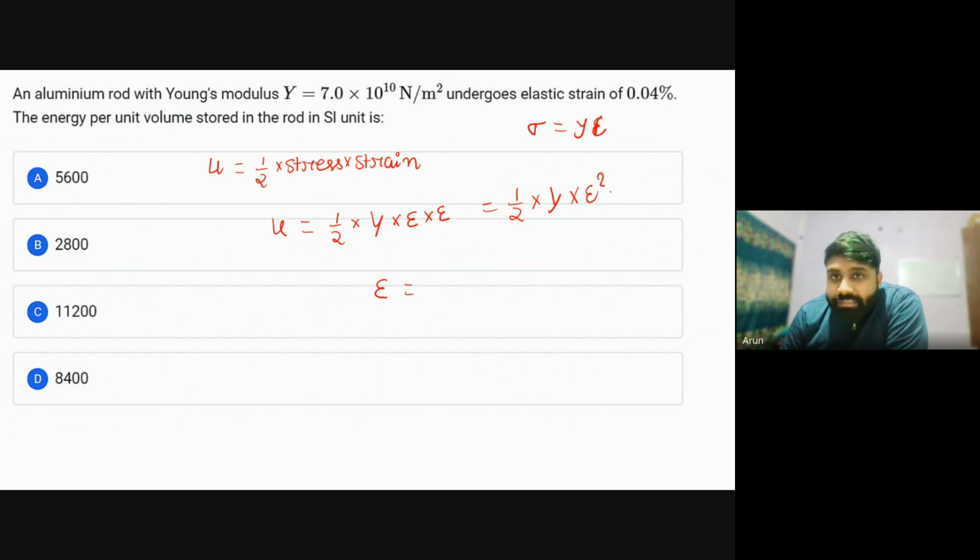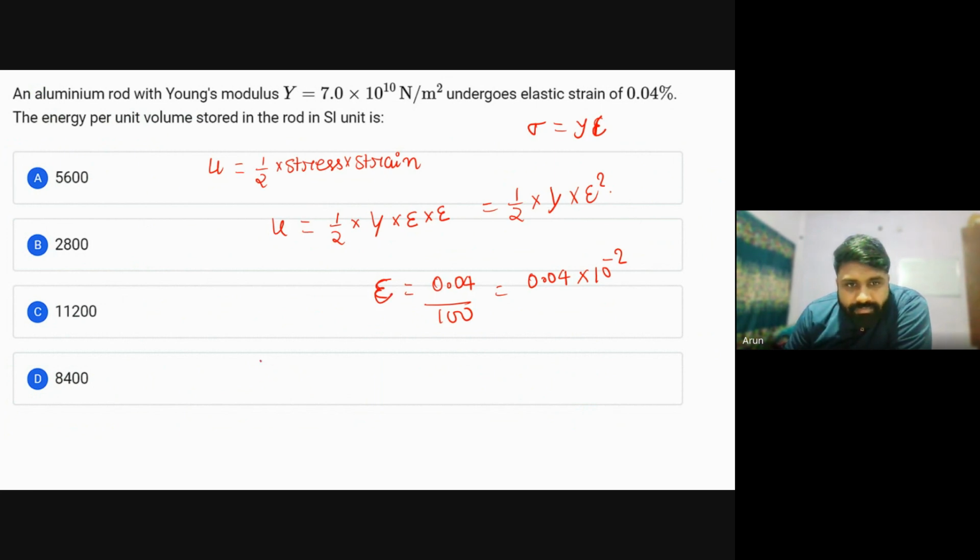It is given in percent, so we need to convert it into a numerical value, which is 0.04 divided by 100. This is a unitless quantity because it is change in length divided by length. The same dimension is dividing the same dimension, so it is a dimensionless quantity.